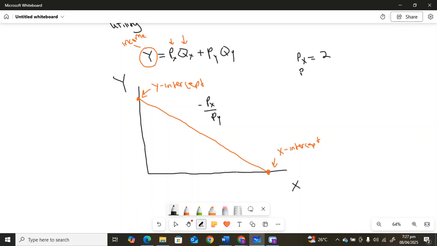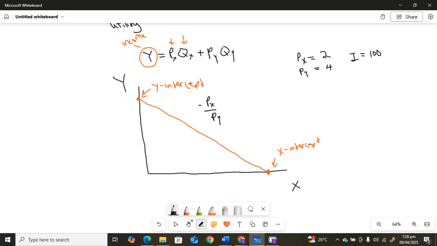Py is 4 kwacha. Okay, these are the prices of the goods. And let's say you have a 100 kwacha income. So basically, you can't go beyond 100 kwacha. 100 kwacha is your limit. You can only spend 100 kwacha and below.